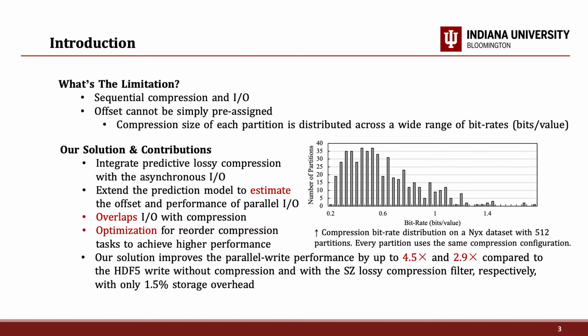At the same time, we also optimize by reordering compression tasks to achieve even higher overall improvement. Our solution improves the parallel write performance by up to 4.5 times compared to the original, and by up to 2.9 times compared to the solution with the SZ lossy compression filter, with only 1.5% storage overhead.